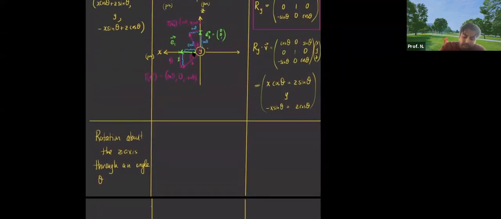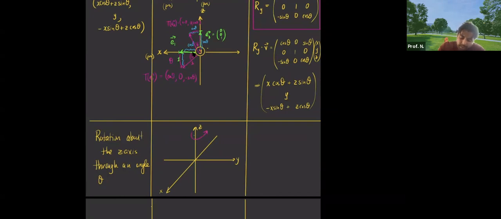Now in a way, we only care about the z-axis. So my z-axis is now my axis of rotation. I'm rotating about the z-axis.